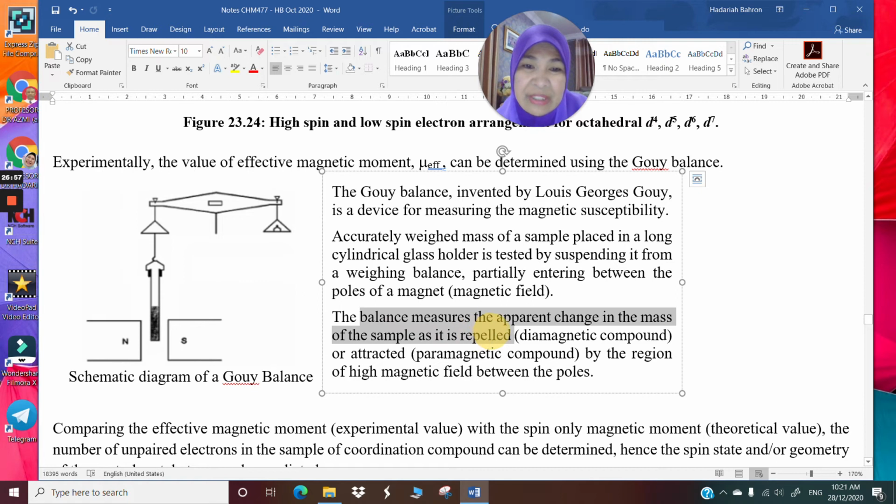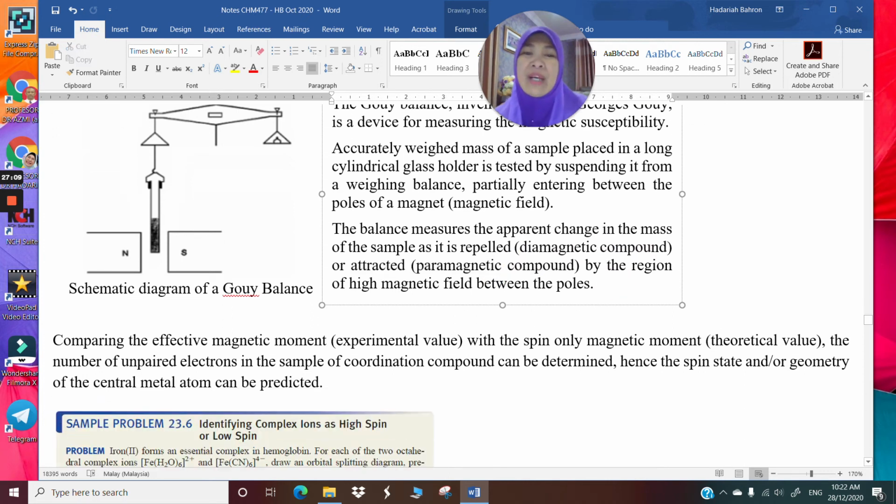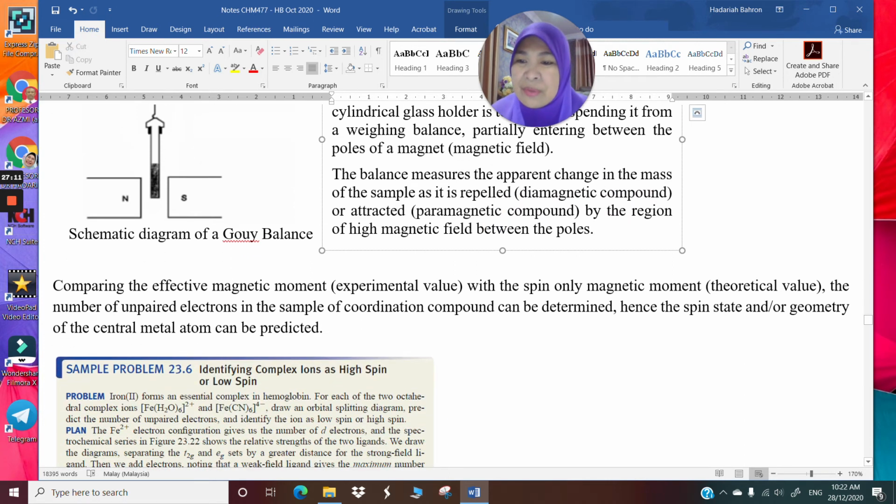Now, the balance measures the apparent change in the mass of the sample as it is repelled for diamagnetic or attracted for paramagnetic by the region of high magnetic field between the poles.